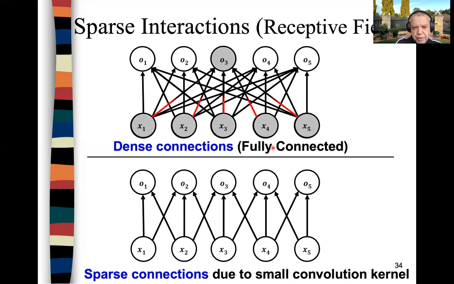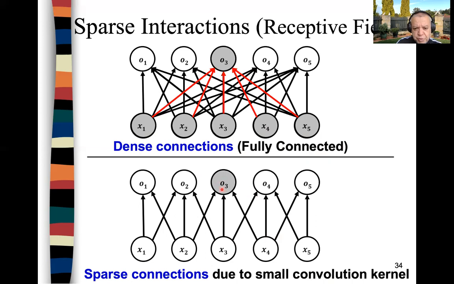As you can see here, these are all the connections. And the same thing for O4, it is connected to all the inputs, X1 to X5, and that's why we say it's fully connected, or it has dense connections, as opposed to the case of a convolution kernel.